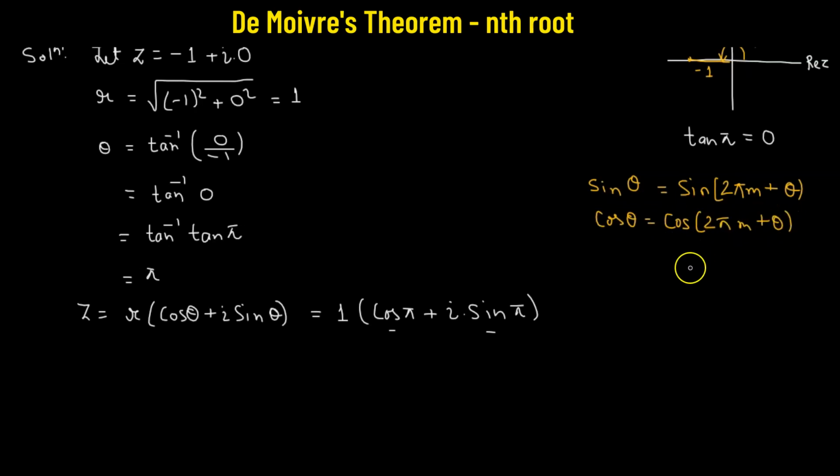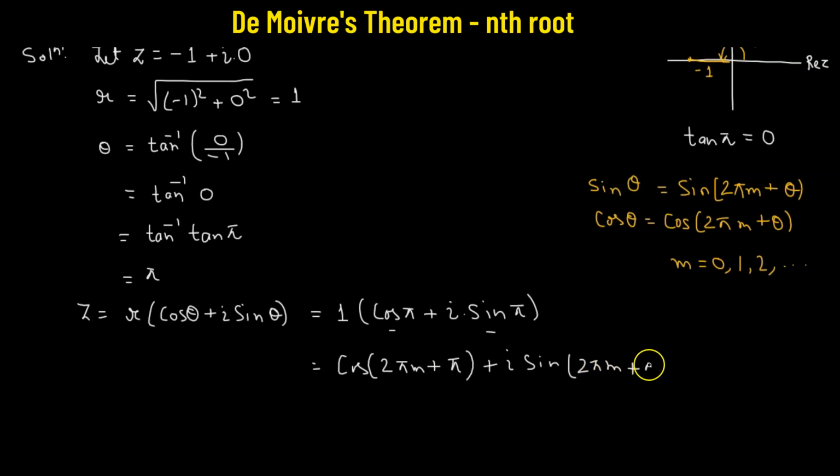Here m is an integer which can take the values 0, 1, 2, and so on. In our case, since we have cosine of pi, we can rewrite our complex number as cosine of 2 pi m plus pi plus iota times sine of 2 pi m plus pi. So this is our complex number, which is actually -1.